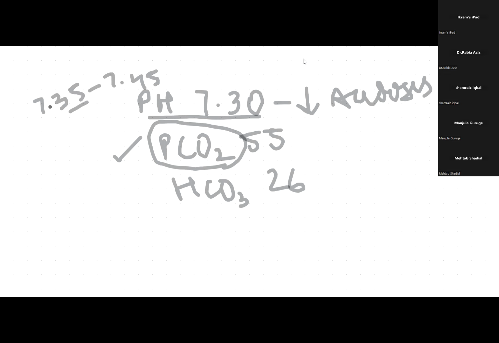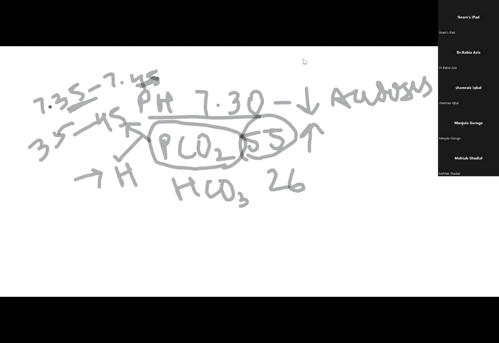This becomes 35 to 45, the normal values for carbon dioxide. It is 55 here. 55 means raised. As I have told you, if carbon dioxide is increasing in the body, it will release more protons because of the formation of carbonic acid.